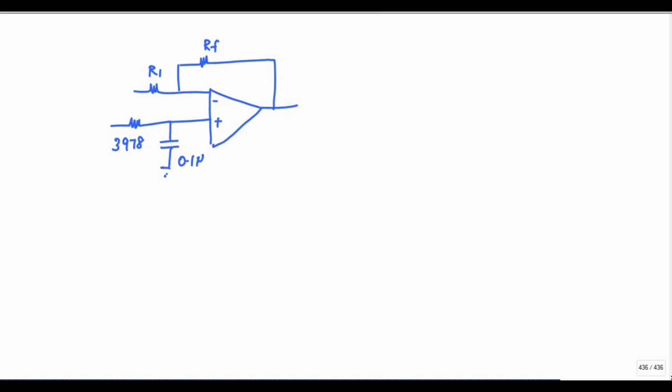In order to get the gain of 2, since it is a non-inverting amplifier, 1 plus RF divided by R1 is equal to 2. If RF and R1 are the same, we'll get the answer as 2. So I can take RF as 10 kilo, and for the 3978 I can also choose 4K. So this is the low pass filter.